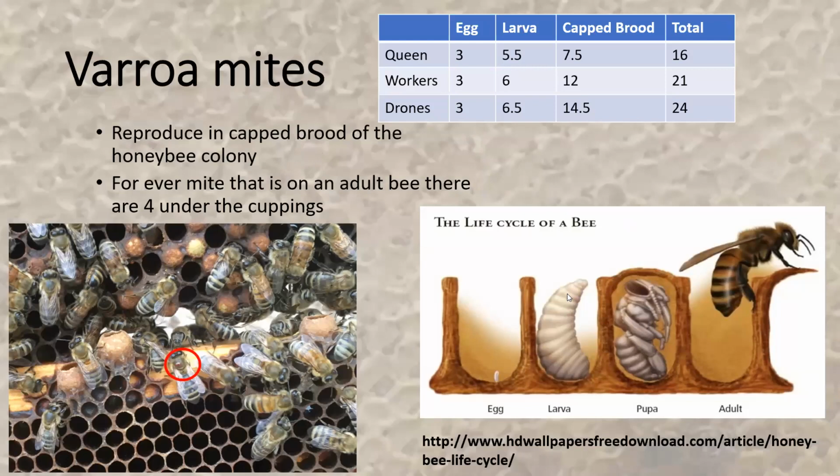The reason for that is the varroa mites are looking for open larvae to go into, so that they eventually get capped over and then they can reproduce. So you're killing about 300 adult honeybees every time you sample. That's an invaluable amount of information that you are getting when you sample.